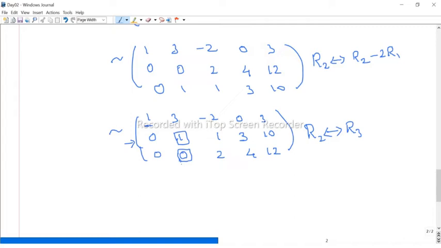Now we scan the third row. We get a first non-zero entry here, but it is not equal to 1. Therefore we have to make this position 1, so we divide the entire row by 2. That is the next thing we have to do. Next, we keep the first row and then the second row.